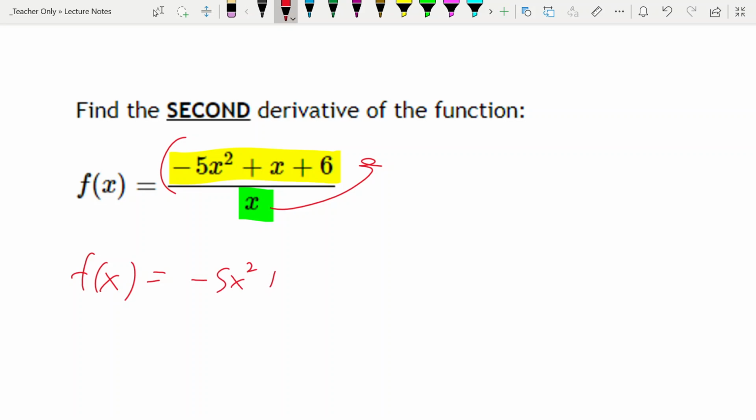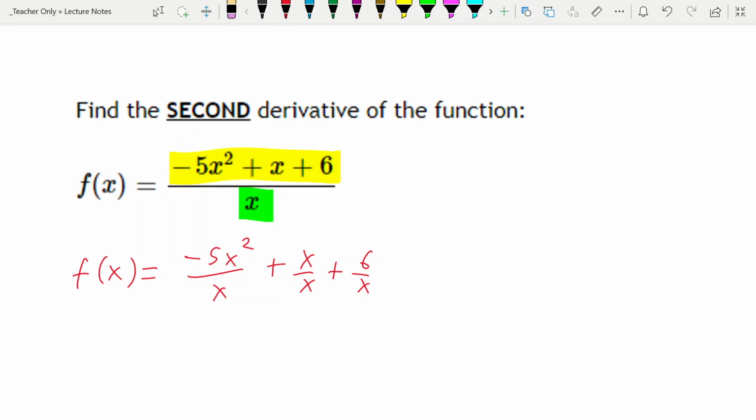It is mathematically legal. Whoops, that was sloppy. There we go. This is mathematically legal to rewrite this as x to the negative 1, then distribute it through. But I would much prefer, because it's going to be an antiderivative technique, that I see you rewrite this as 3 fractions. Right? So we're going to split this up into 3 fractions.